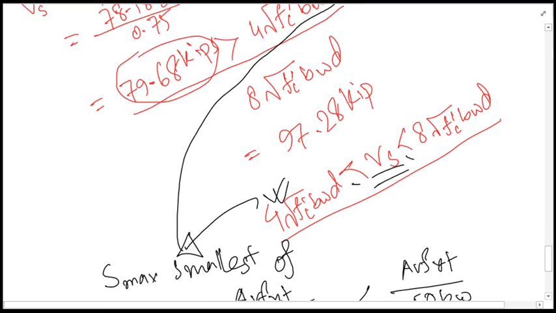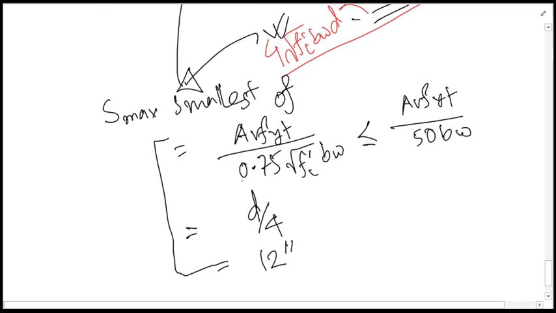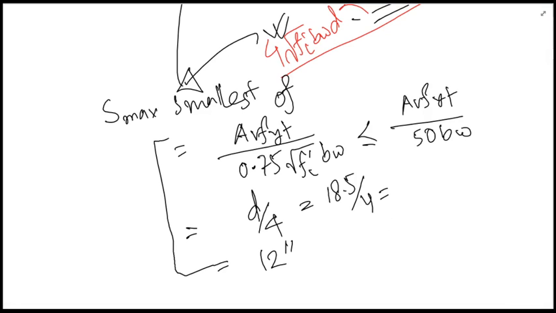That's why we'll have to use this value. Check this one. So in this case again, let's say it will be 18.5 divided by 4. That will be 4.625, the minimum spacing you will have to provide in this case.